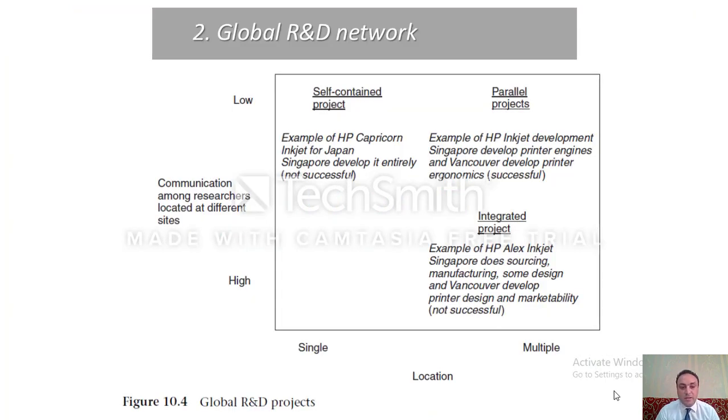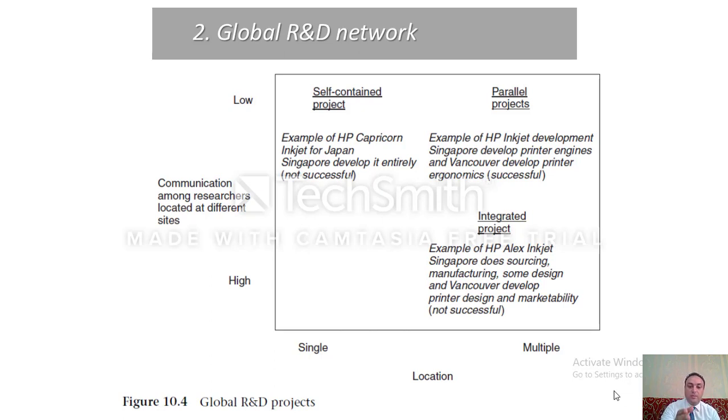As you can see in this chart, the vertical axis shows the communication among researchers located at different sites, from low communication to high communication, and the horizontal axis shows the location, either a single location or multiple locations. For the self-contained project approach, for example the HP Capricorn model, an inkjet for Japan, Singapore developed it entirely, and it was unsuccessful.